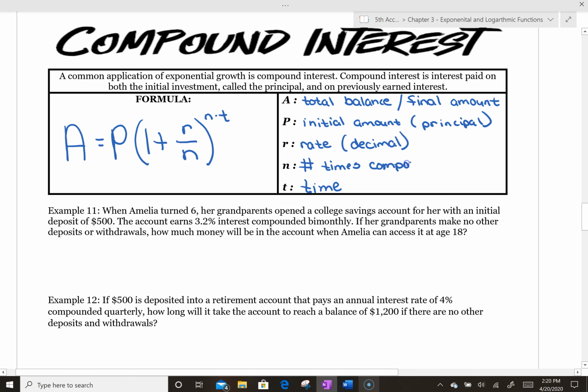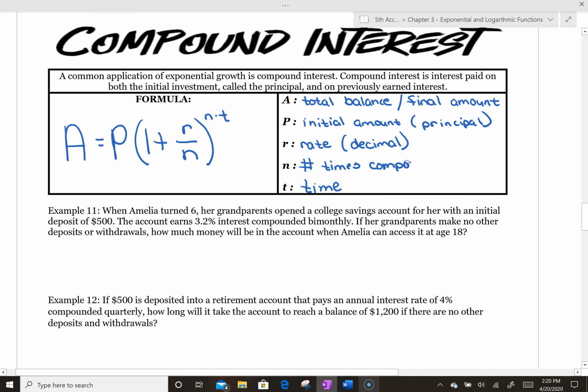Okay. So let's look at 12. 12 says if 500 is deposited into a retirement account, so again, we're depositing 500, pays an annual interest rate of 4%, so it's 0.04, so 1 plus 0.04, and it's compounded quarterly, okay?